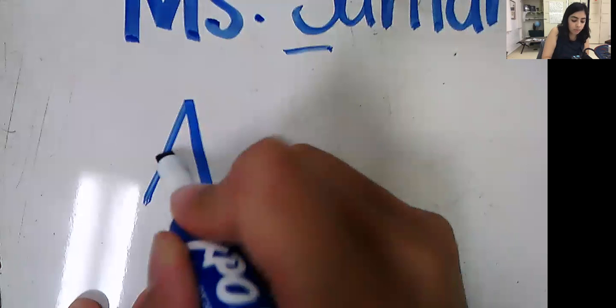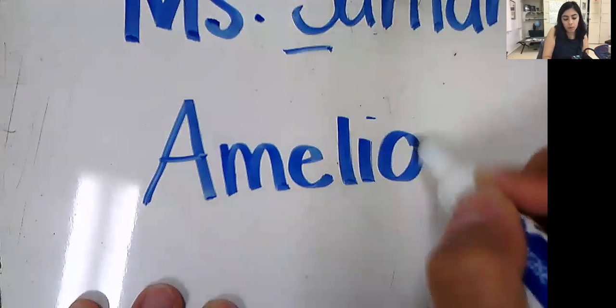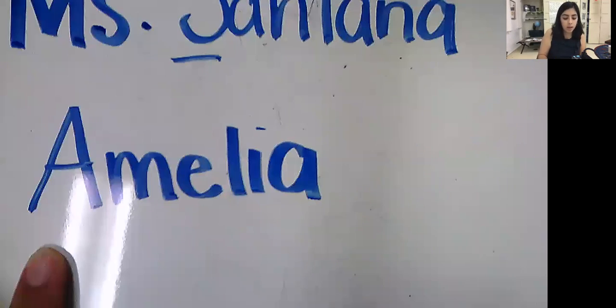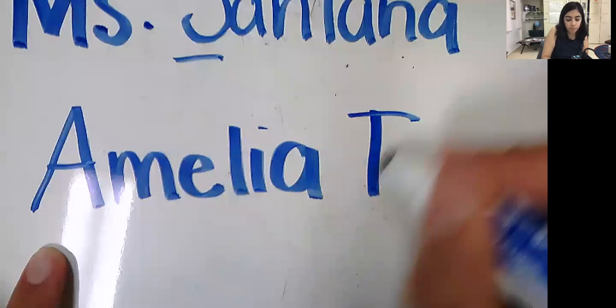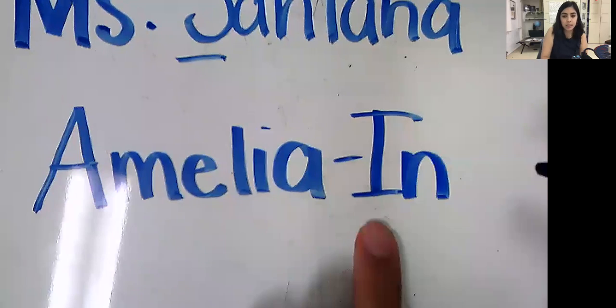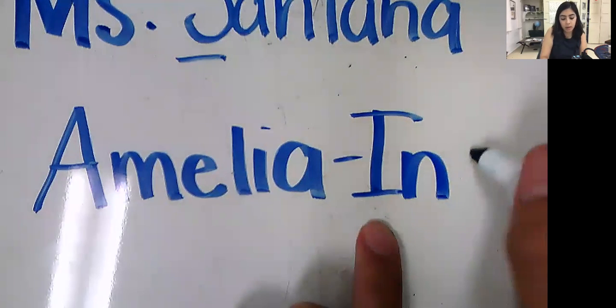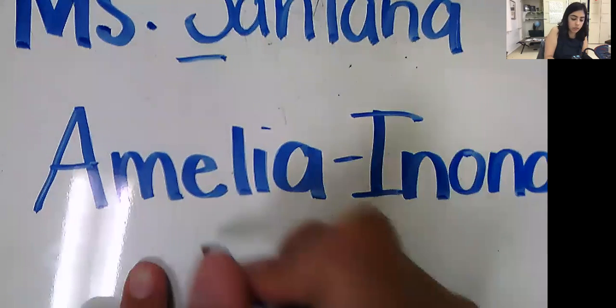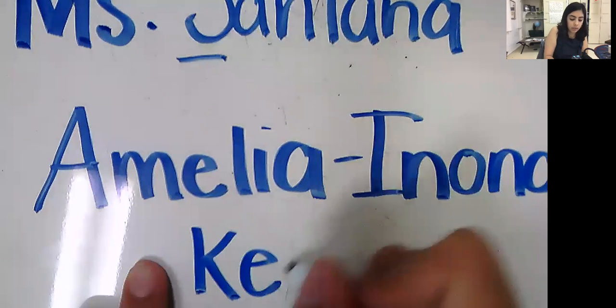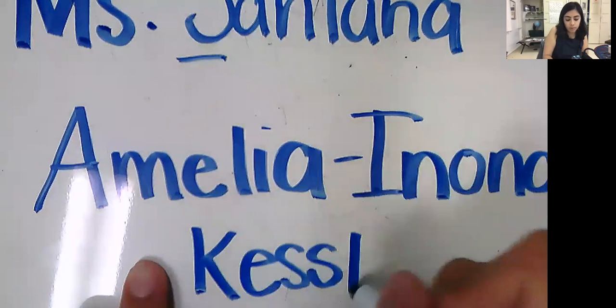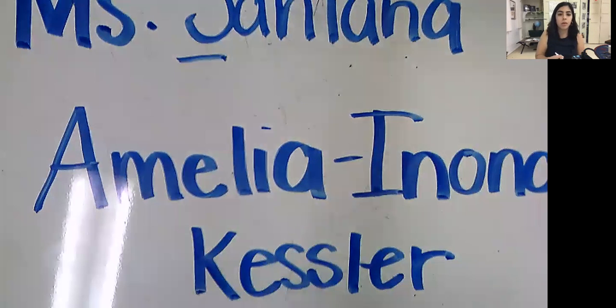I'll pick Amelia. I always capitalize the A in her name. Amelia Inoa. Capitalize the I because that's her last name. She has two last names, so we're gonna put Kessler. Okay.